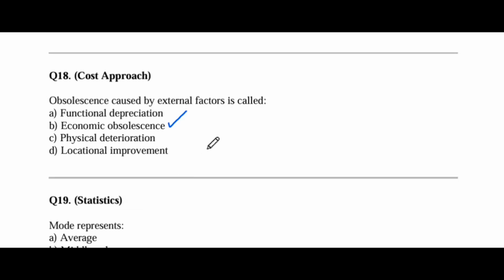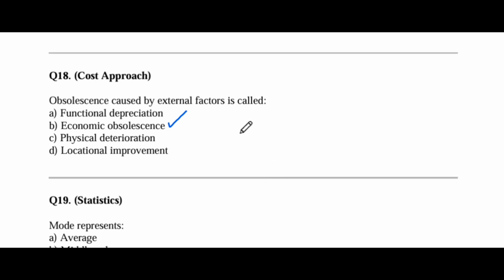By the way, what is obsolescence actually? What does this term mean? See, obsolescence is the loss in the value and usefulness of the property due to factors that make it less desirable. It is a key concept in calculating depreciation or the property value.